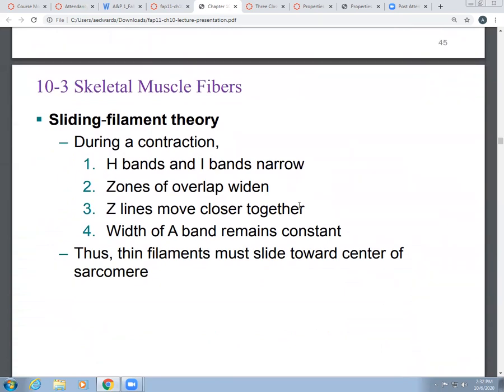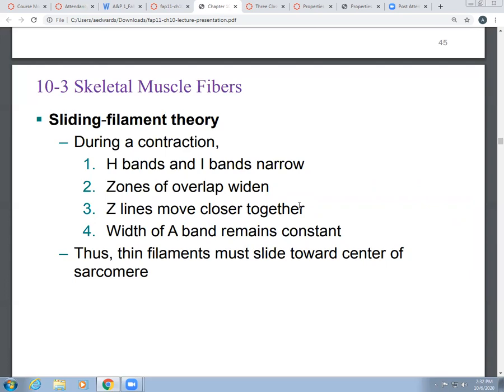All right, so now we're going to build on that. So an important concept in muscle contraction is sliding filament theory. This is one of those concepts that we have short answer questions on. So this is a potential short answer question of explaining the steps in sliding filament theory. Okay. So during contraction, remember the H band? Okay, remember the I band?